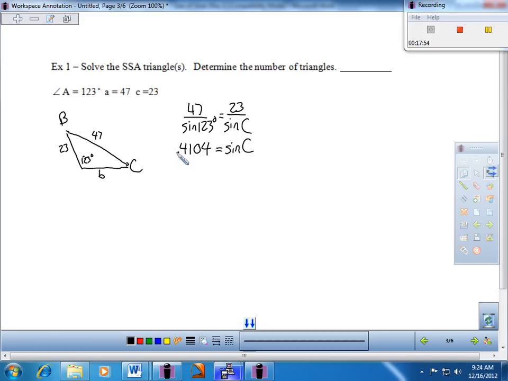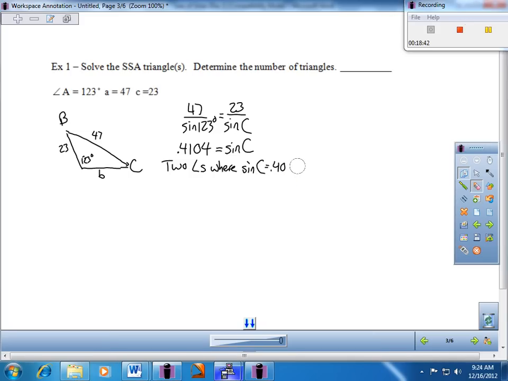And as we know, there are two different angles in our primary rotation that have a positive sine ratio, one in quadrant 1 and one in quadrant 2. So what you're going to write on your paper for me, just to get this moving along, is two angles where the sine of angle C equals 0.4104. Let me just make sure I have that number correct for you.